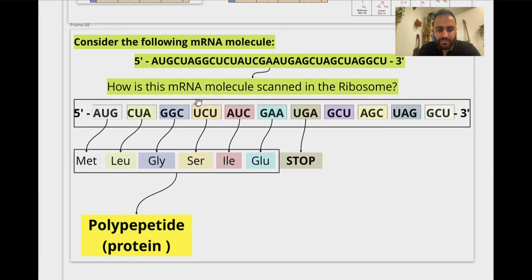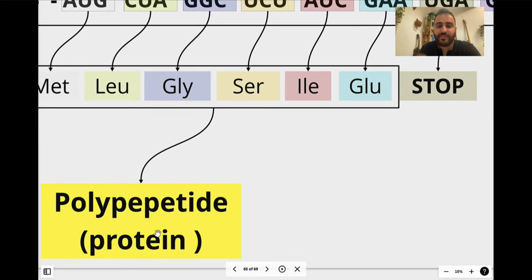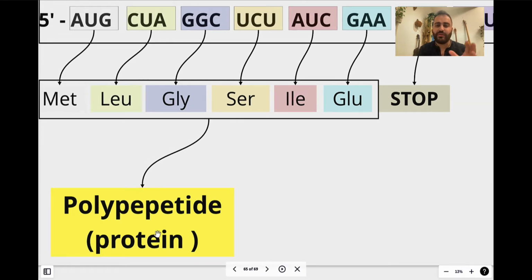What is a polypeptide? A polypeptide is a protein's primary structure. It's the basic structure of the protein. I'm calling it protein here, but later on we'll study that there are more modifications and changes that happen to the polypeptide to become a protein, which is mainly folding and taking a 3-dimensional structure.